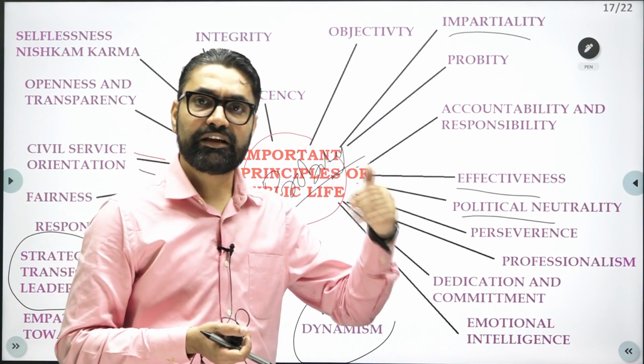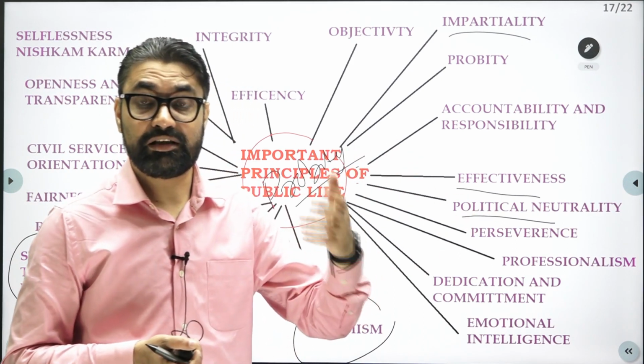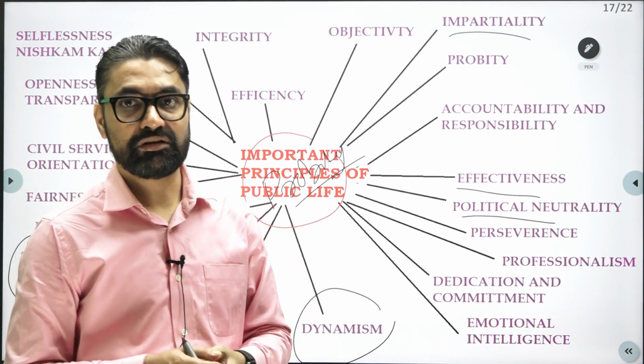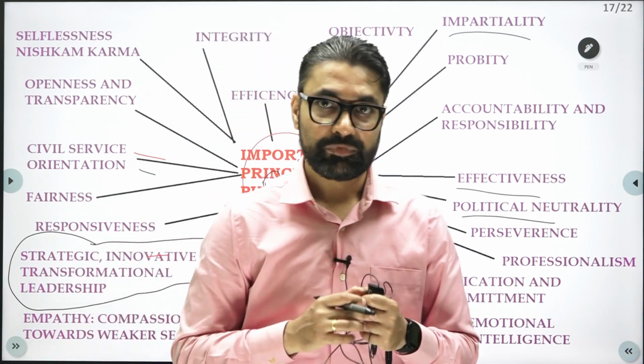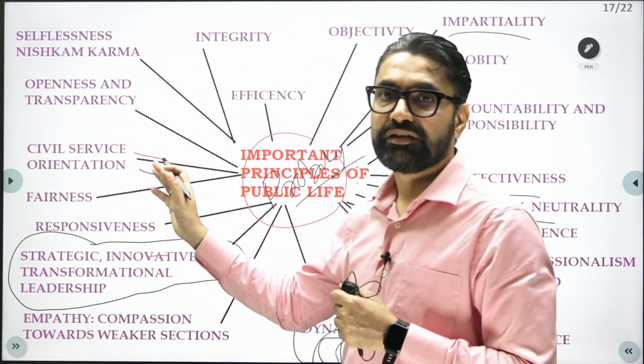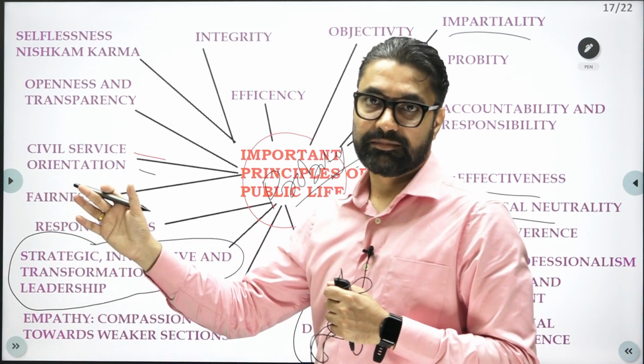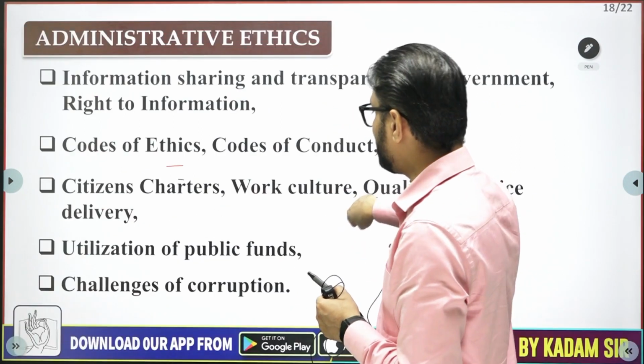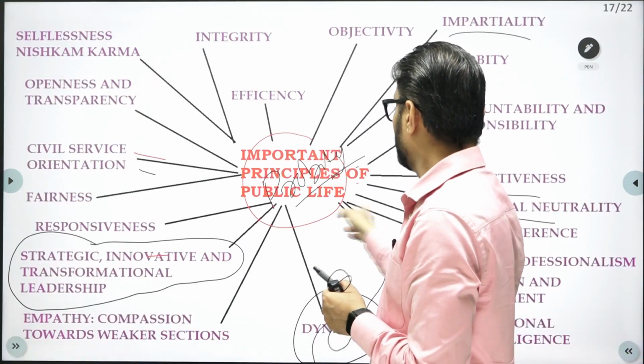All these values like integrity, objectivity, accountability, openness, transparency, etc. If they are in the administration, it means there is probity. So when we are discussing all these values, indirectly we are discussing the probity concept. While discussing in the class, I will discuss this in detail with you.